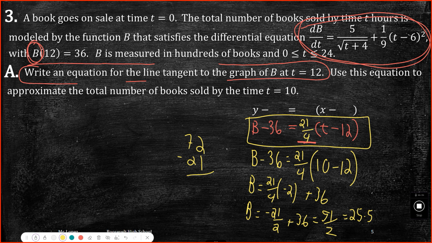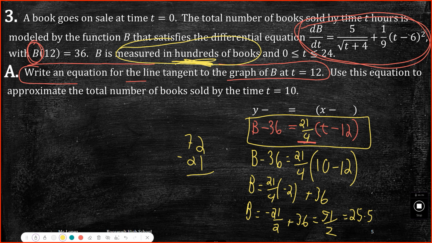So what does it say B represents here? Total number of books is B. So it's measuring what? Hundreds. So then this has to be 25.5 times 100.